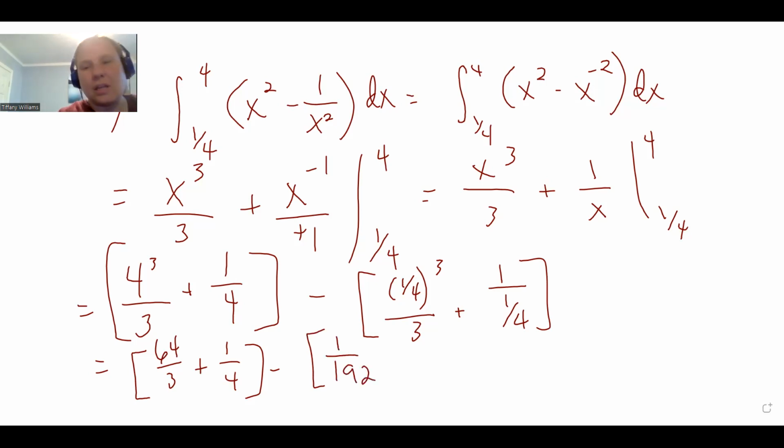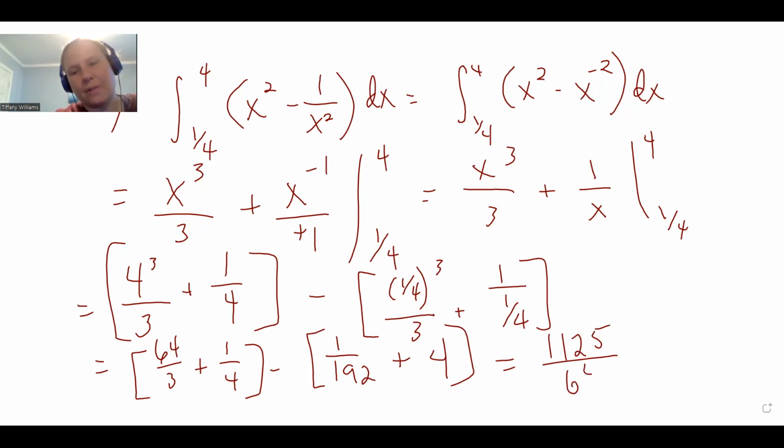And then this 1 divided by 1/4 is the same thing as multiplication by the reciprocal, so it's actually plus 4. So if you work the 64 thirds plus 1/4 out, get an answer. The 1 over 192 plus 4, get an answer, and subtract those two answers out because I am now out of room. You will get 1125 over 64.